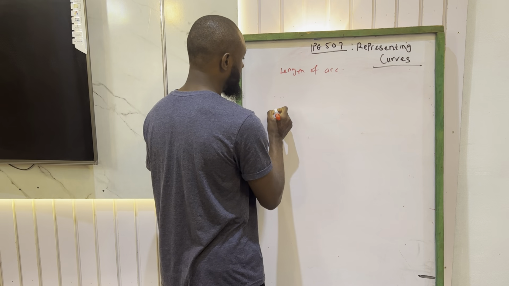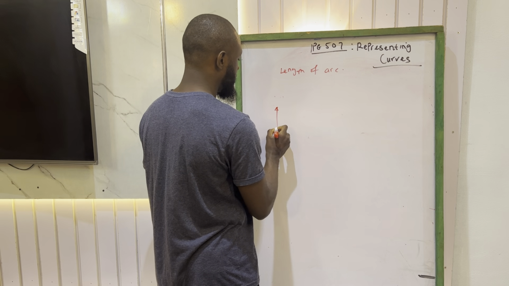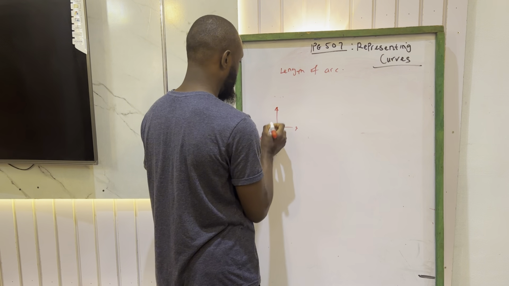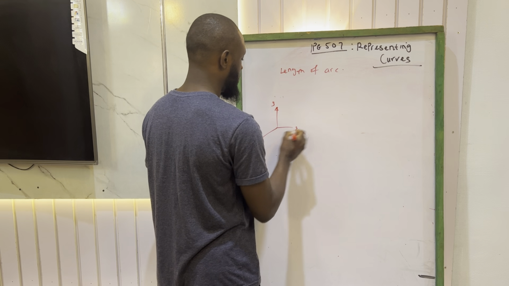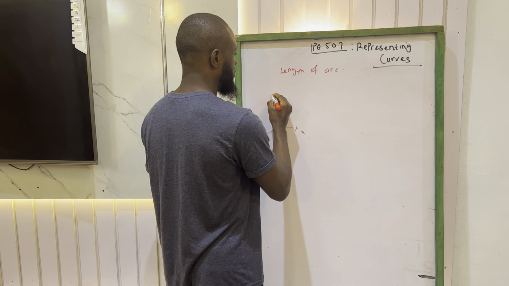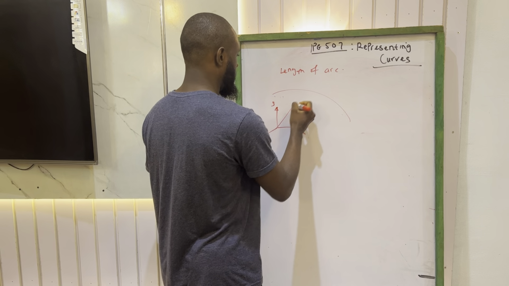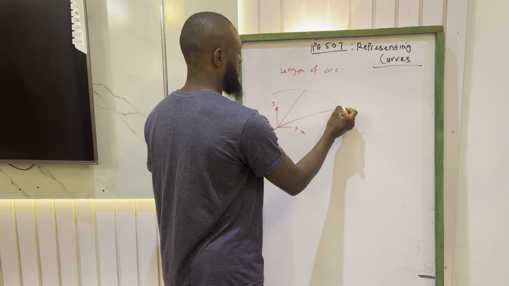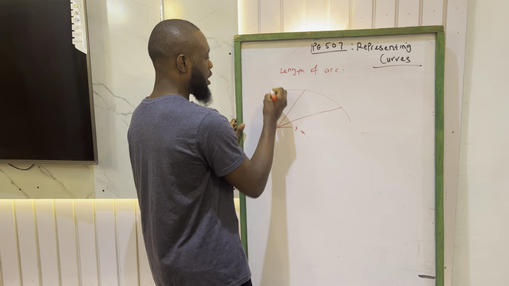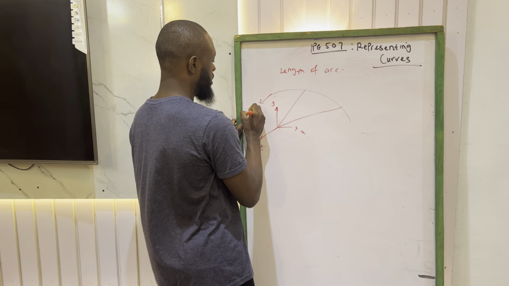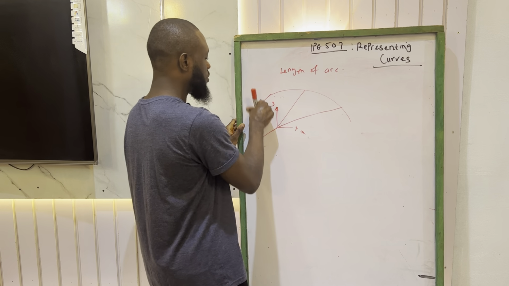So say we have this portion of the curve. Let's say we have a curve. This curve is r of u. That's the function of the curve, r of u.